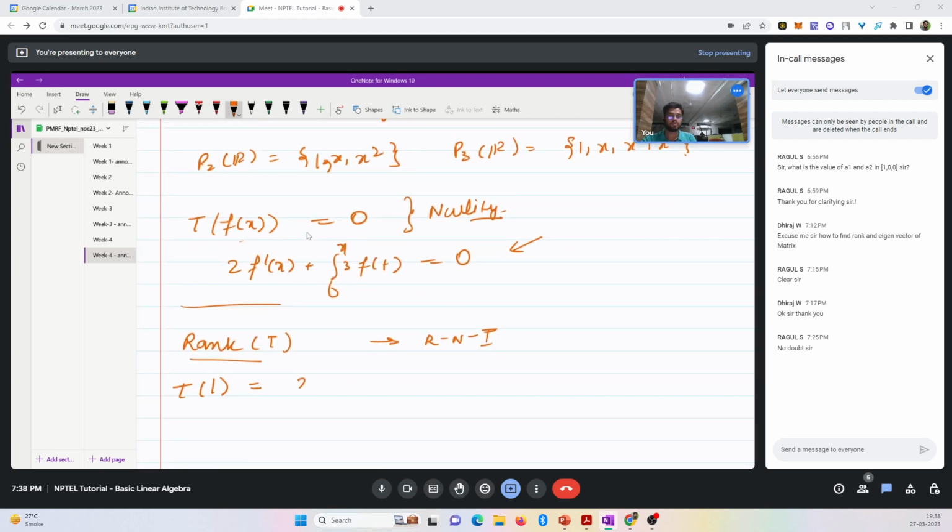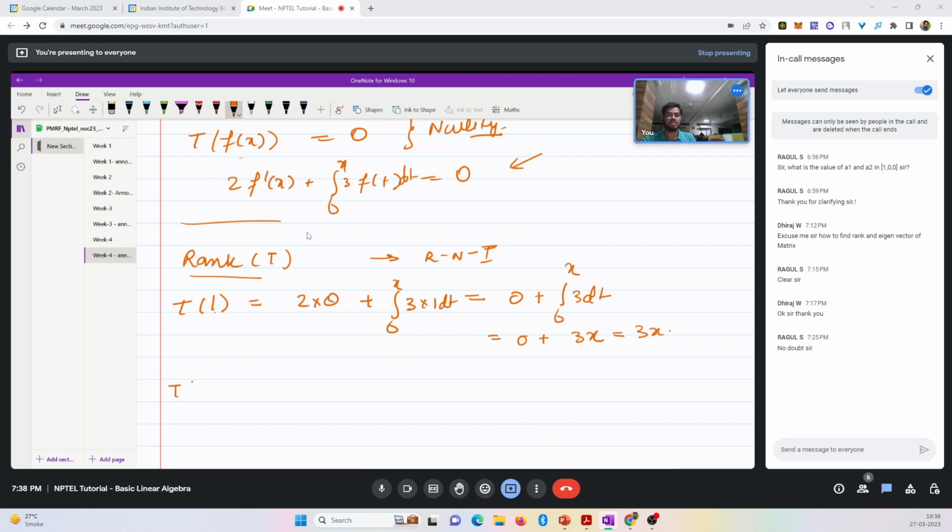T of 1 is 2 into f'(1), which is 0, plus the integral from 0 to x of 3 into 1 dt, which is 3x. Similarly for x: 2 into f'(x), which is 1, plus the integral from 0 to x of 3t dt, which is 2 plus 3x square by 2.